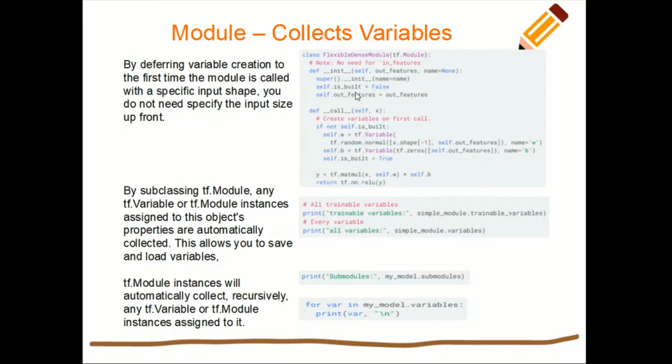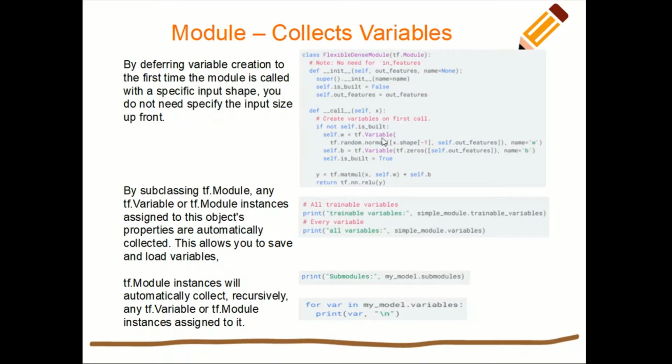Now we are creating the same weights and biases here, but when we are creating this weight variable, we are taking x.shape[-1]. That means the last dimension of the input we are going to take as the dimension for the weights, right? And the output features will remain the same.